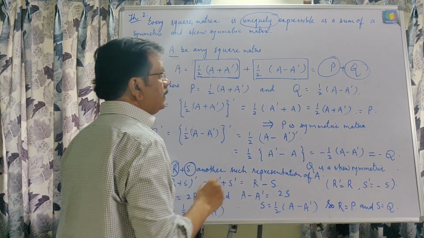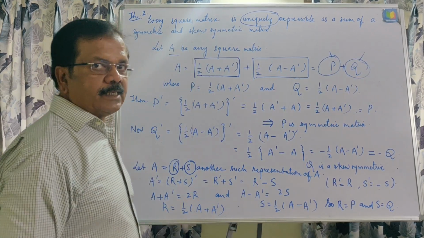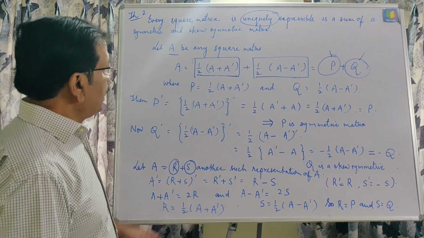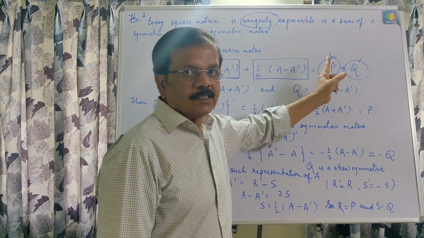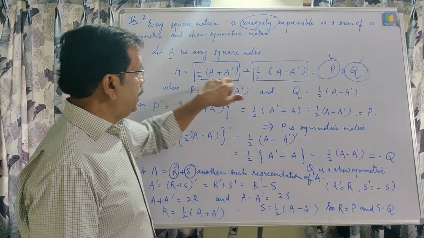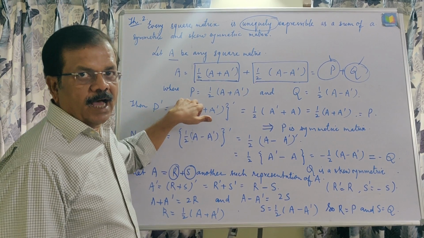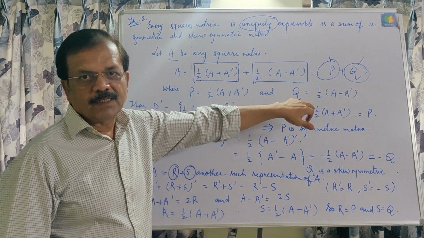We have to show that this is symmetric and this is skew symmetric, and this way we are able to show that any square matrix can be written as the summation of a symmetric and a skew symmetric matrix. Here P is half of A plus A dash, and Q is half of A minus A dash.